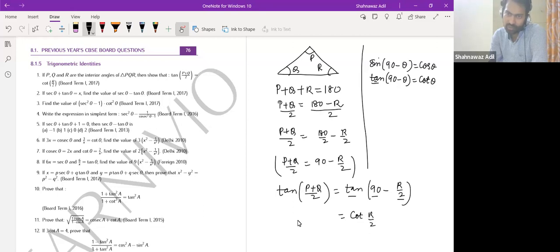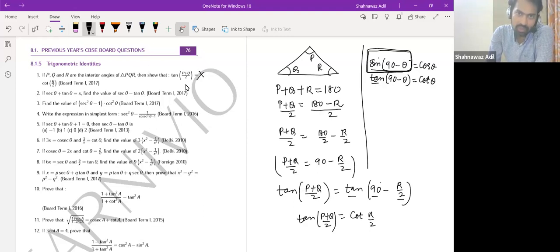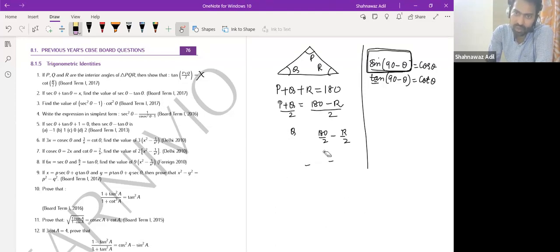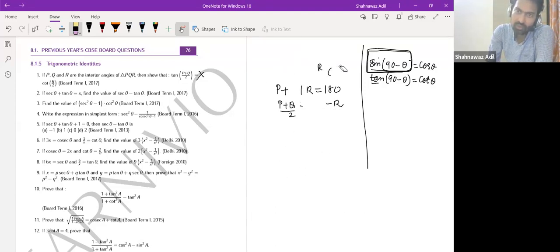Right, so this was the question. But in your syllabus, this part is removed, so forget about this question. Now let us do the next one.